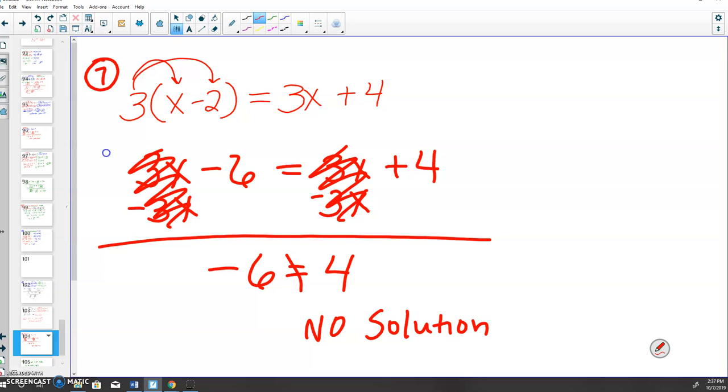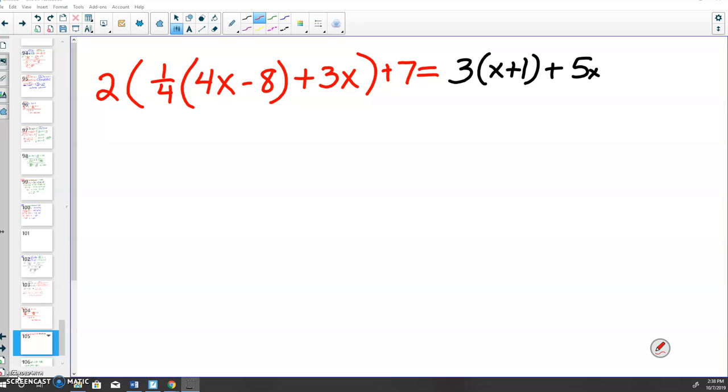This is number 7 on guided practice. Okay, so I know I have to do parentheses first. So inside my parentheses I have the distributive property. You have 1/4 times 4. So if you divide 4 into 4 equal sections, how many is in each section? 1, right?